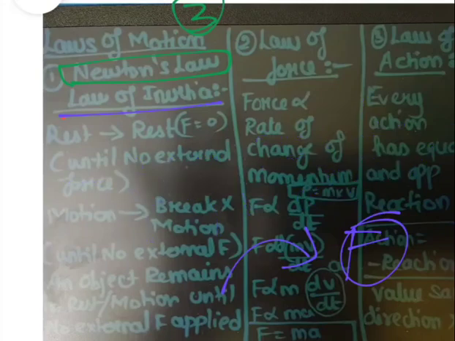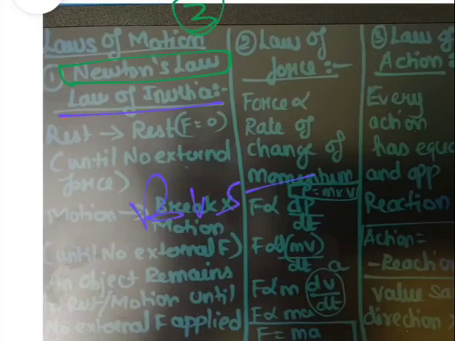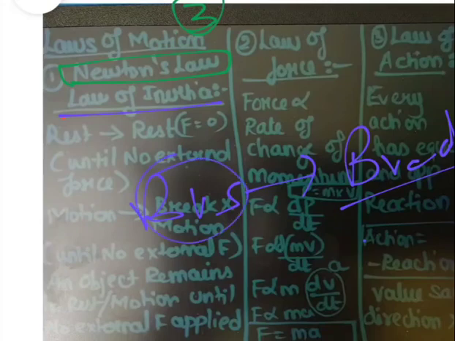The second concept we can understand with the help of a moving bus. Inside a bus, if the driver puts on a sudden brake and the bus is stopped, the one who travels inside this bus will go in reverse.